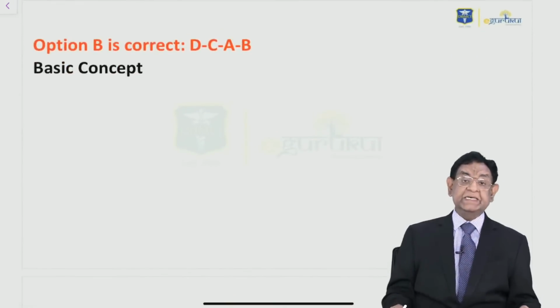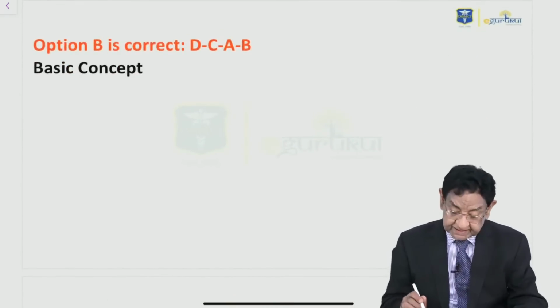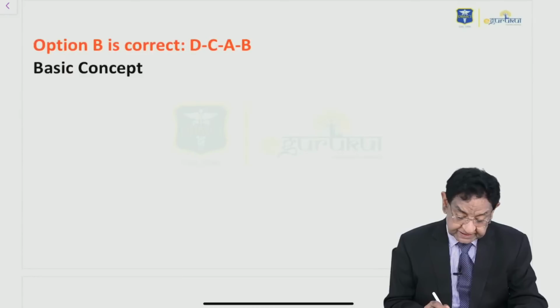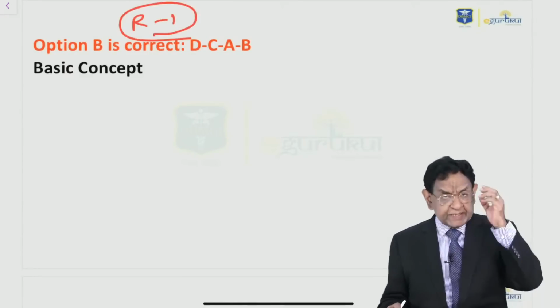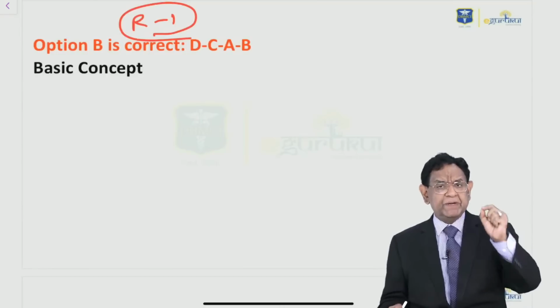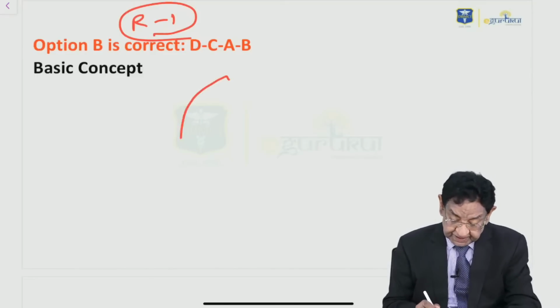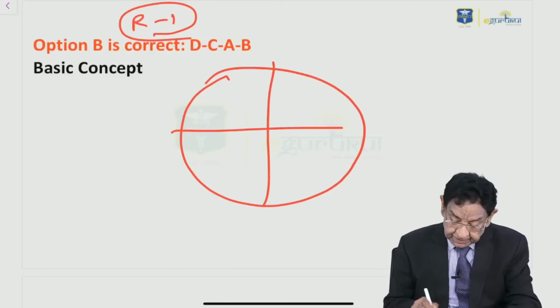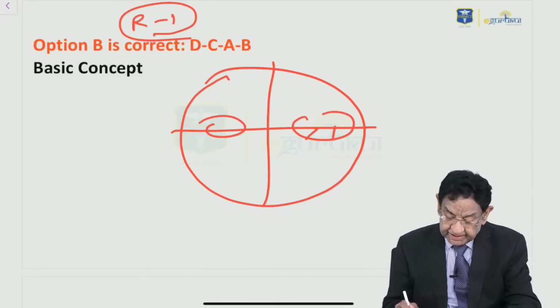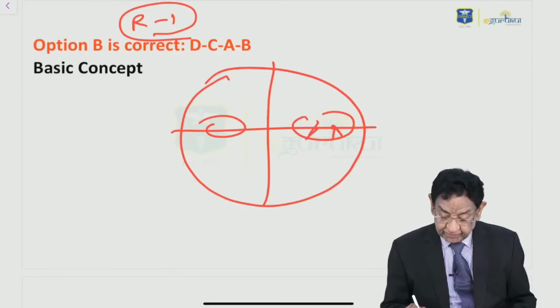So let's learn the basic physiology of the cardiac cycle. This is a rank 1 question. It's an easy question, but people commit blunder mistakes. Let's learn the basic concept. Here the heart, mitral valve is there, tricuspid valve. When diastole starts, this valve opens.